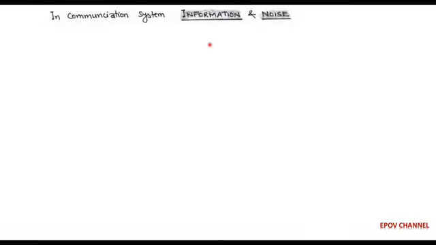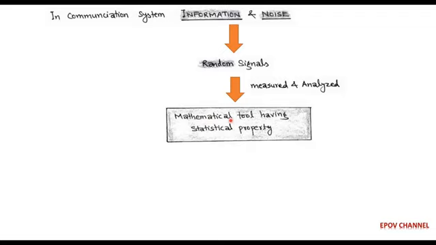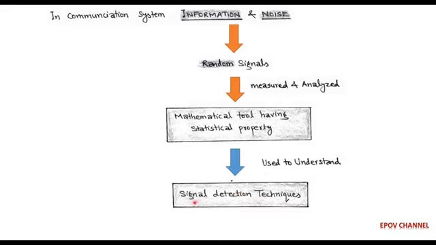Next, in the communication system, when noise is introduced with the information, the combined signal becomes a random signal. And in order to analyze and measure these types of random signals, a mathematical tool is used which has statistical and average properties, and which can further be used for our signal detection techniques.